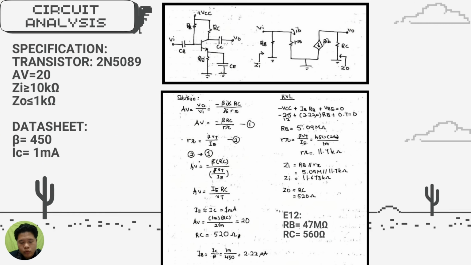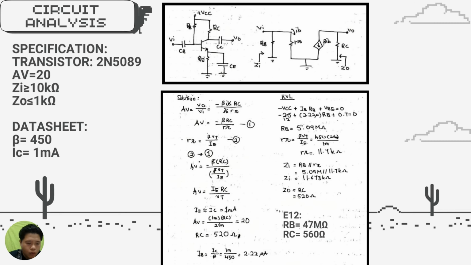Okay, next we will find the RB resistor at the base. We use KVL. You can see at the DC circuit, negative VCC plus IB RB plus VBE equal to 0. We set VCC is 12 because we use a 12 volt battery. Negative 12 plus IB RB plus VBE. We can find IB equal to IC over beta. IC is 1 milliampere, and beta from the datasheet is 450.